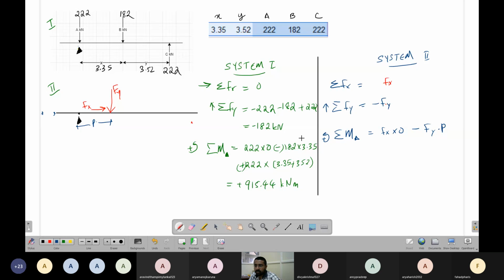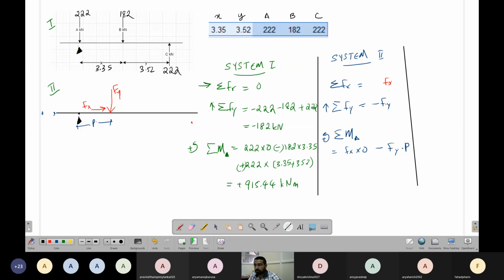If I equate these two, what I will get is Fx equal to 0.